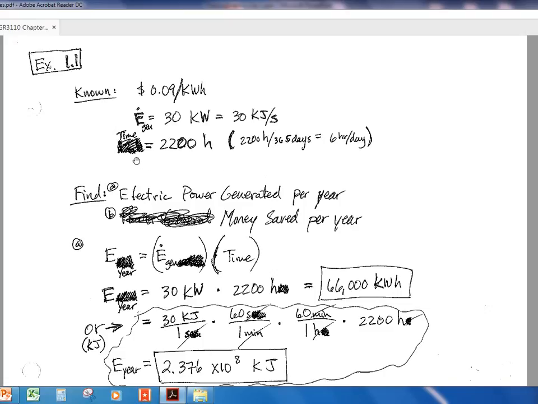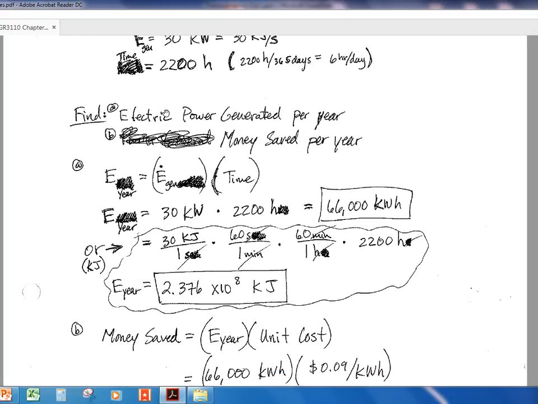That's also known as power, right? So a unit of watt or kilowatt is for units of power. And the time is 2,200 hours. So there's 2,200 hours over 365 days, which gives us about 6 hours per day, in which case the wind turbine is fully operational, let's say.